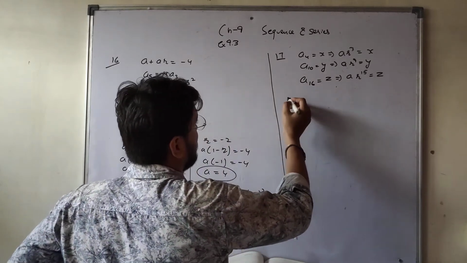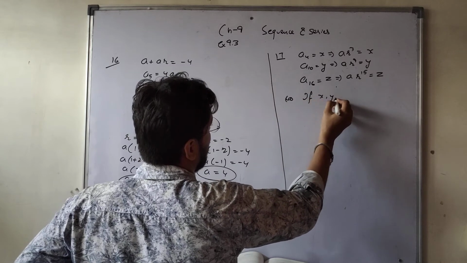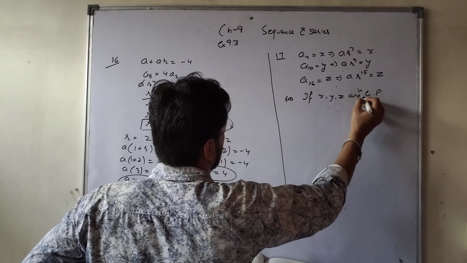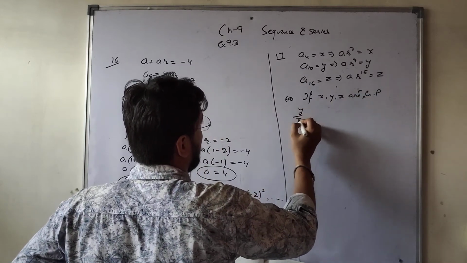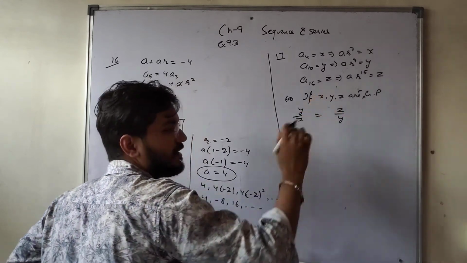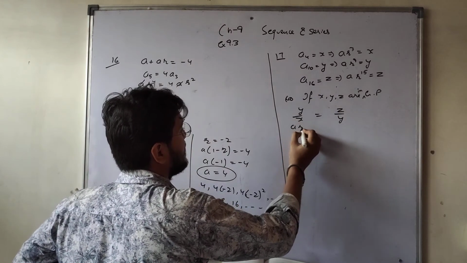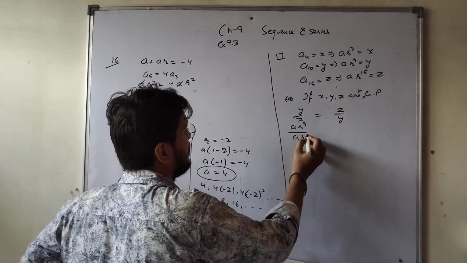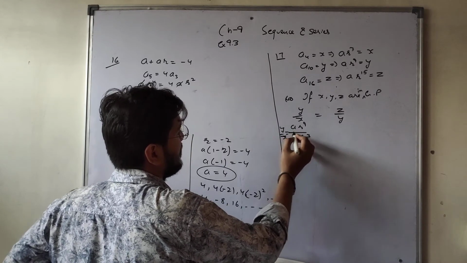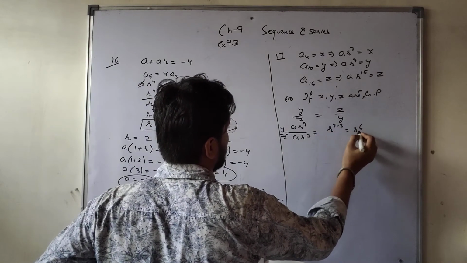So let's check the common ratio. If x, y, z are in GP, right? So y upon x should be equal to z upon y, right? The common ratio should be equal. So let's check. y upon x is a r raised to power 9 upon a r cube, so r raised to power 9 minus 3 is equal to r raised to power 6.